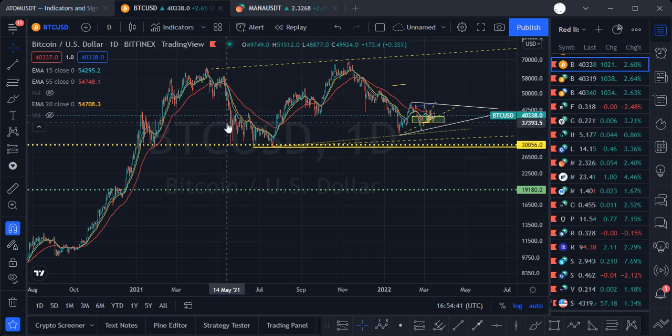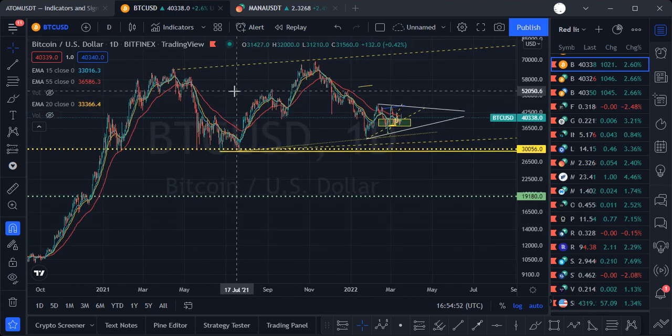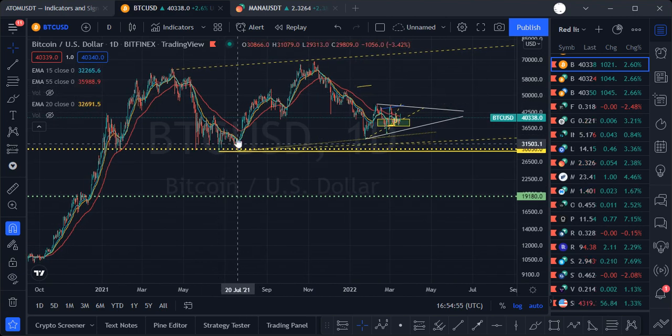Then you finish the reaccumulation phase, it breaks out, and you get something called a distribution phase. Distribution phase up the top is where the price settles itself and people sell off before moving lower. And again, look at this, this was still a really bullish time to be in.